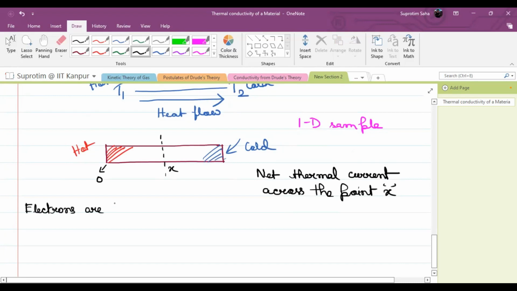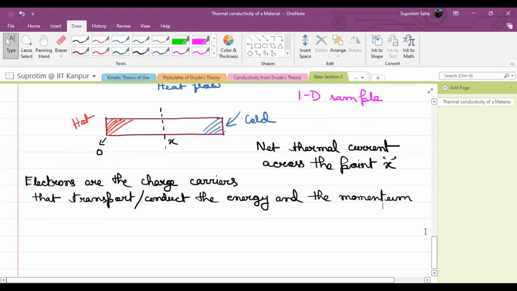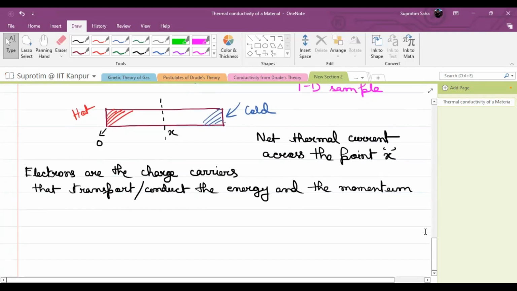Electrons are the charge carriers that transport or conduct energy and momentum. Electrons are the only candidates. They help in electrical conductivity, but they also help in the conduction of the thermal current.